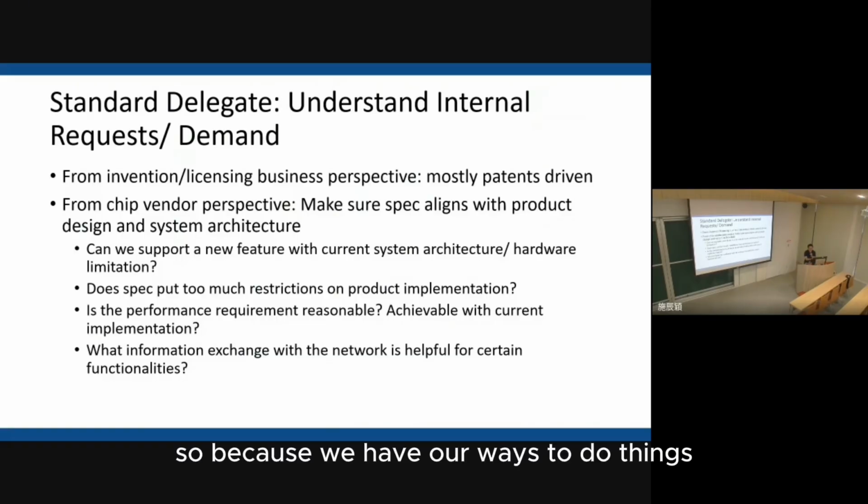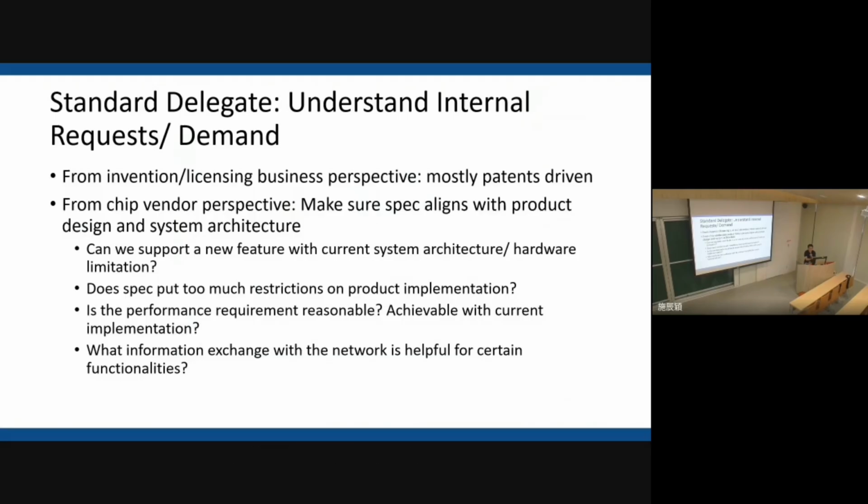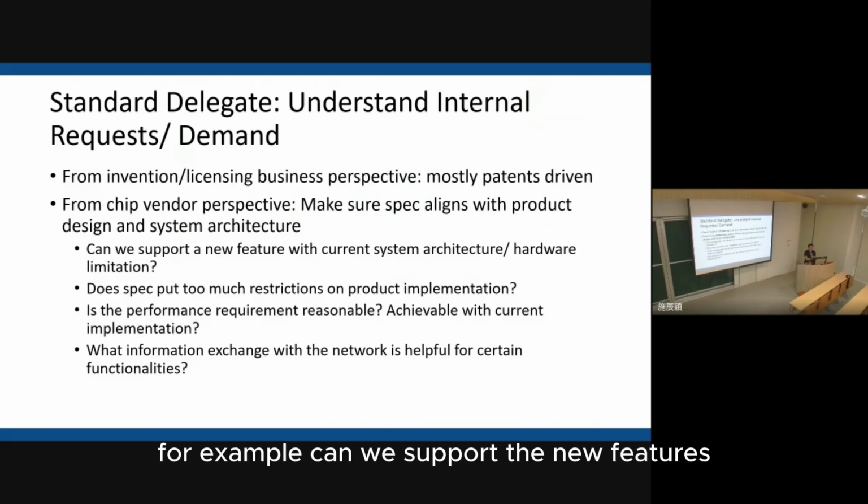Okay, so because we have our ways to do things, the best thing for us, meaning Qualcomm's individual company perspective, is to have the specification designed based on our system architecture. For example, can we support the new features with the current system architecture and hardware limitation?